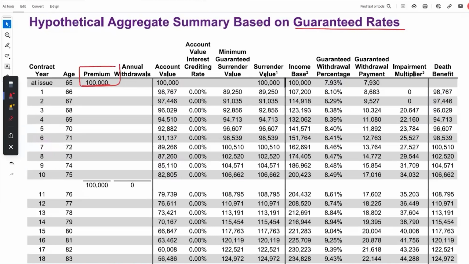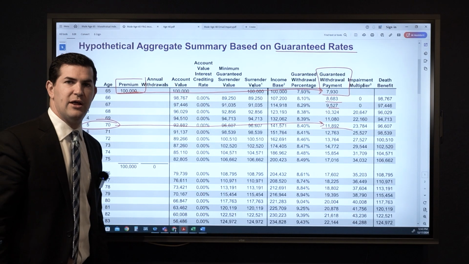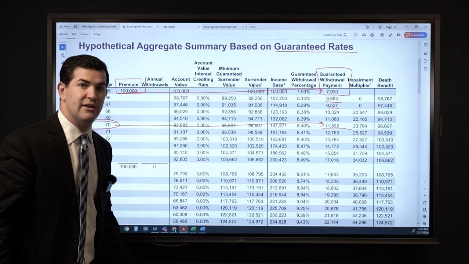There's our 100K transfer. And here's what I want to look at. This guy. Guaranteed withdrawal payment. So what this shows is when I start to take income, let's say he starts to take income at the 5th year, he would get just about $12,000 per year, which is locked in forever.